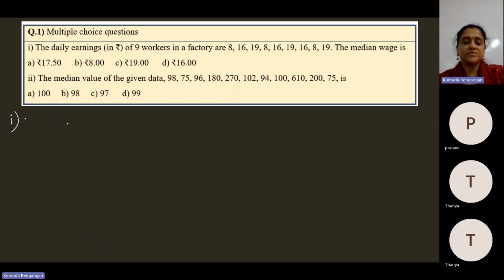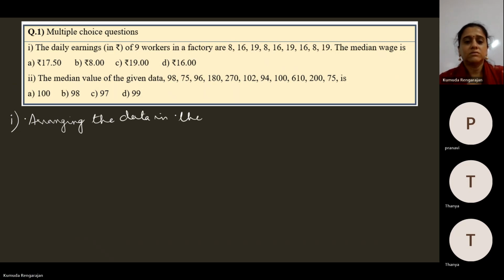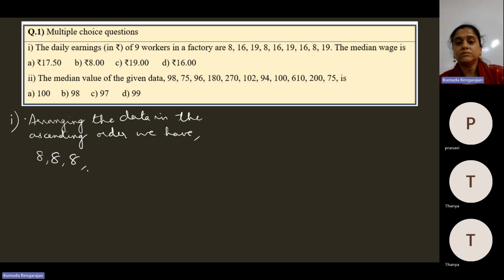So arrange the data in the ascending order. Arranging the data in the ascending order. So what first? How many 8s? 3 8s, no? Then how many 16s? 1, 2, 3 16s.